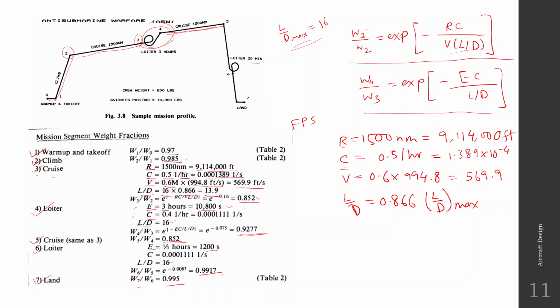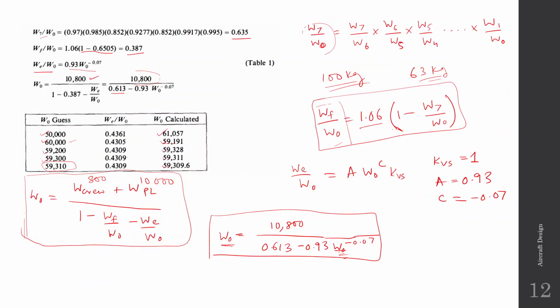That is how you calculate all of these fractions. Then you get all of these fractions and you can multiply them to get the W7 by W naught formula.